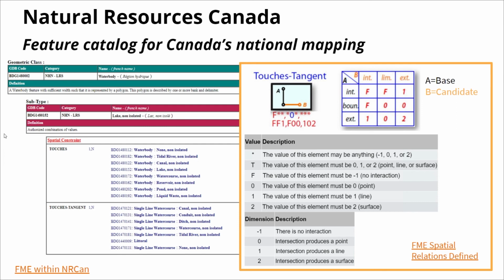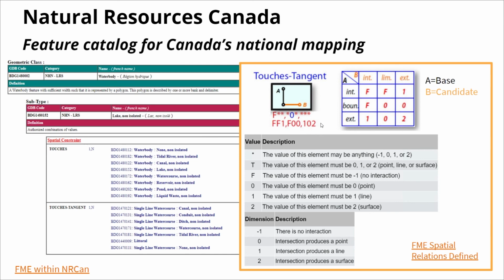And then they build the relationships between all the different types of objects that they have within their national hydrographic network. So in this case, we're looking at a lake, and what kind of spatial relationship can a lake have with other objects within the hydrographic network. And so some of those spatial relationships are canned, like the touches, which is an OGC predicate. But some of those relationships they have to build up, like the touches tangent isn't a canned predicate. And so they can build that touches tangent with the DE9M.